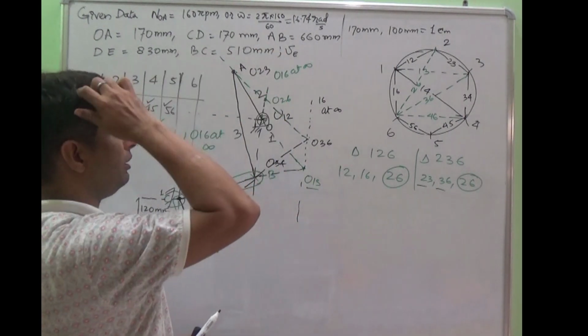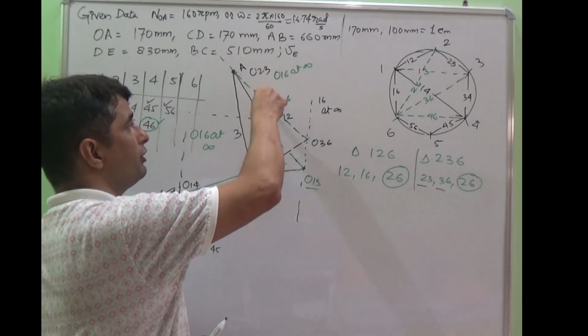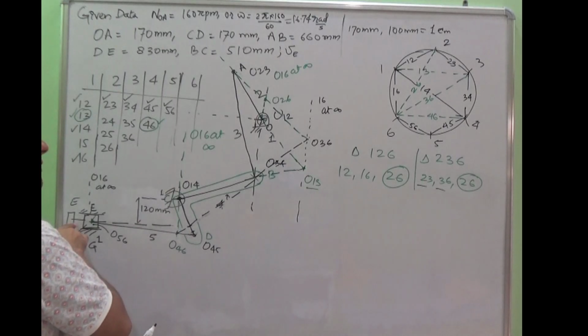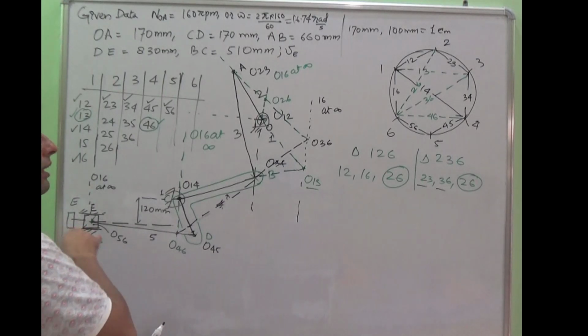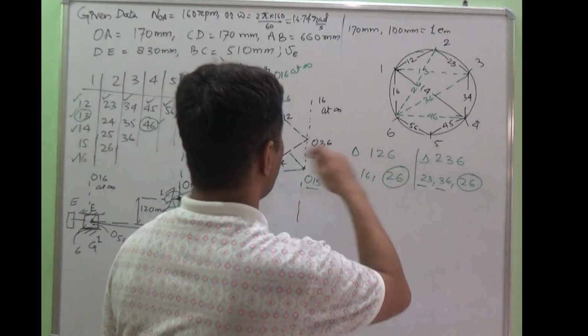So O26 is now known to me, and the velocity of O26 would be the velocity of point E, right? So this is what pertains to this one.